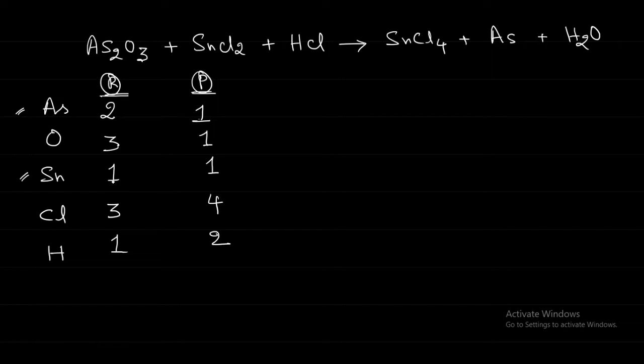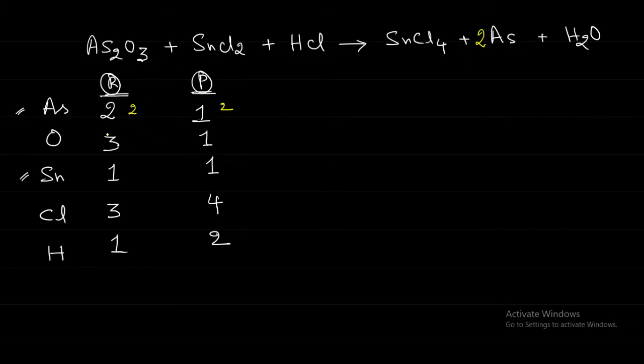Tin is the same on the reactant and product side, so first we have to balance the arsenic. We put 2 before it on the product side, so now it becomes 2 and 2.